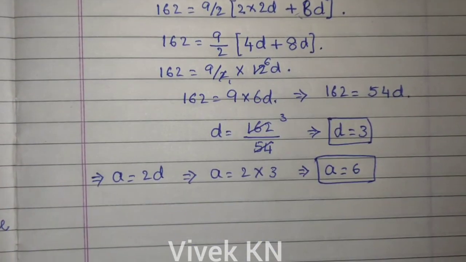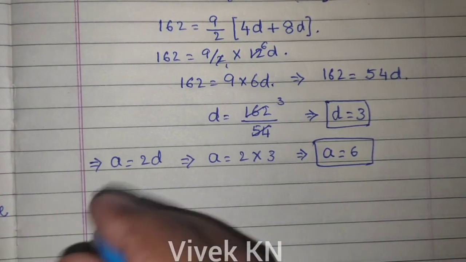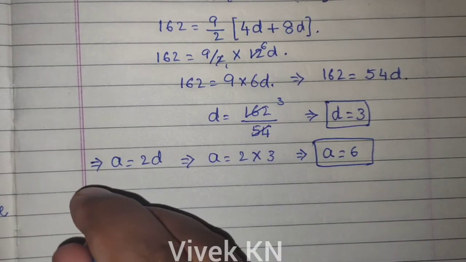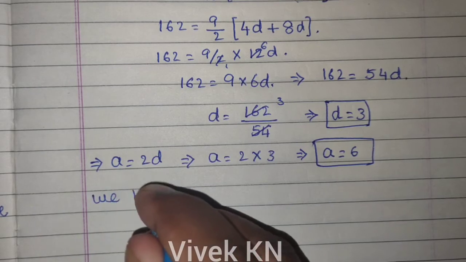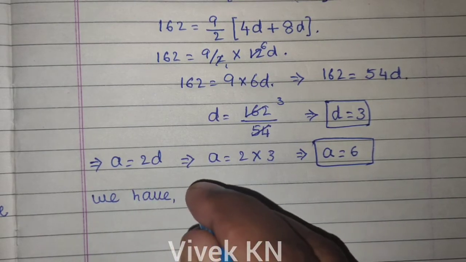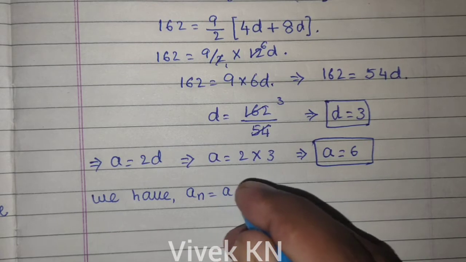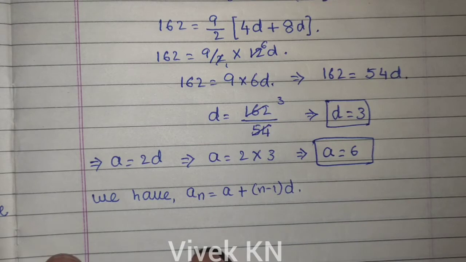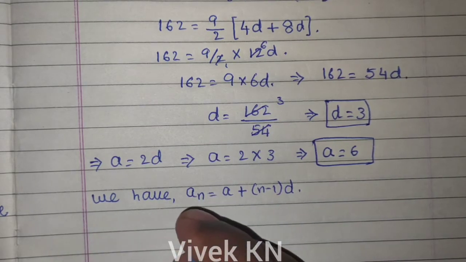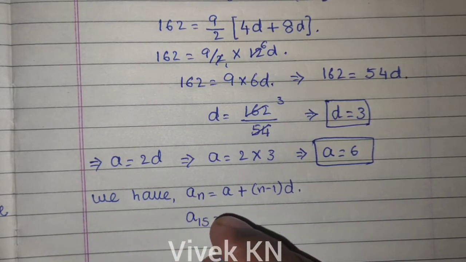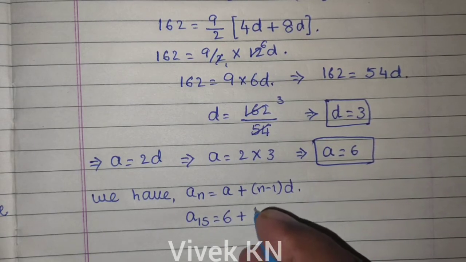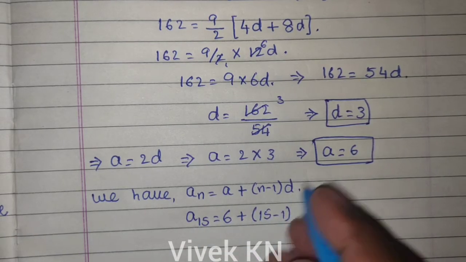Now we have to find the 15th term of the arithmetic progression. To find the 15th term, first we have to write the nth term formula. an is equal to a plus n minus 1 into d. That is, n value is 15, a value is 6, plus 15 minus 1, into d value is 3.